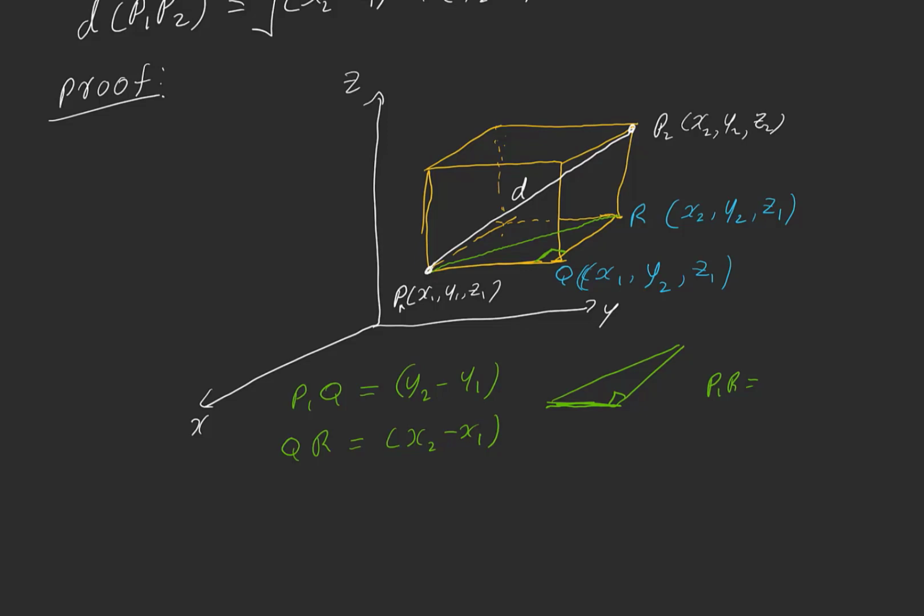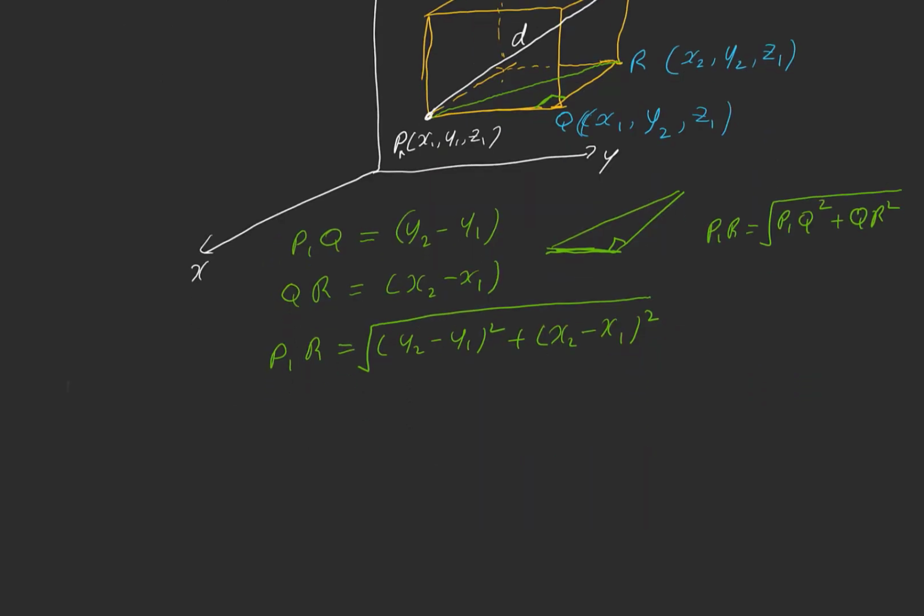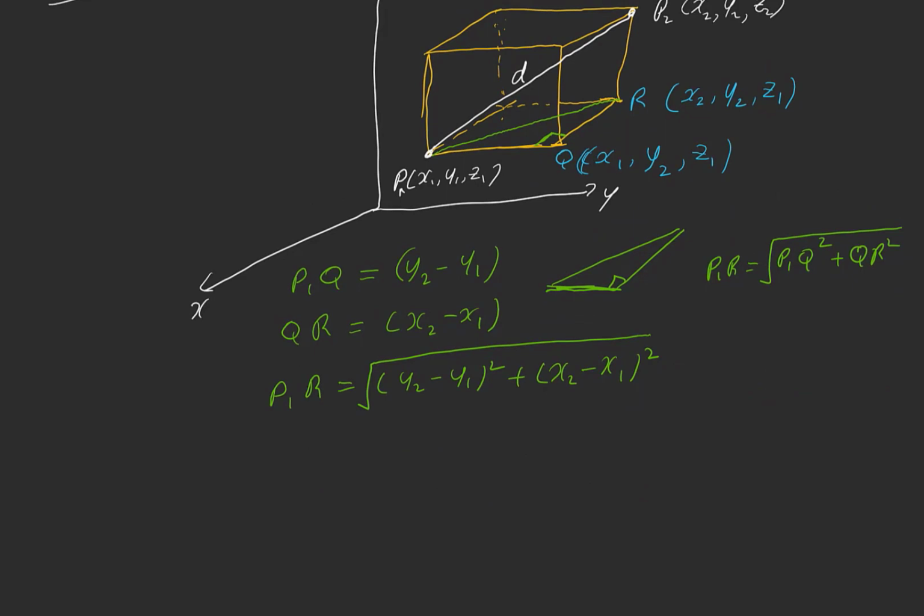So P1R equals the square root of P1Q squared plus QR squared. Using that, we can find P1R from these x and y values: the square root of (y2 minus y1) squared plus (x2 minus x1) squared, by using the Pythagorean theorem.